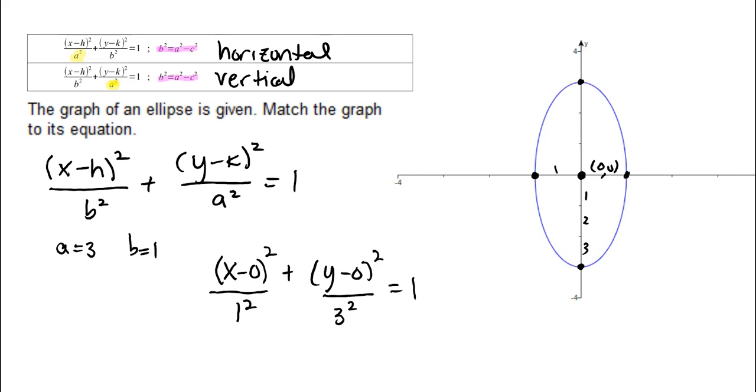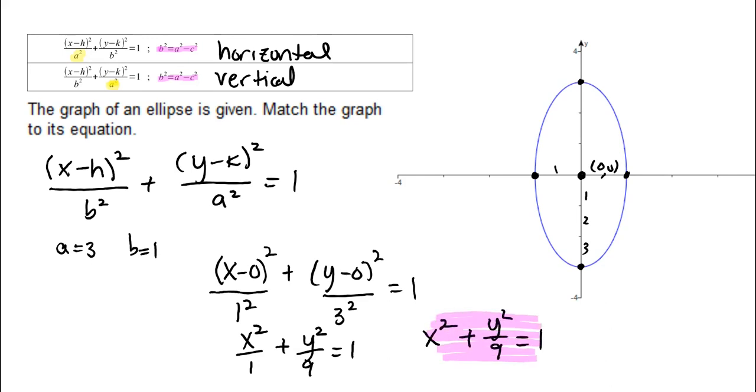And we're going to simplify that to become x squared over 1 plus y squared over 9 equals 1. And then finally, x squared over 1 is just x squared. So we have x squared plus y squared over 9 equals 1. And that is the equation of the ellipse that is shown in this picture.